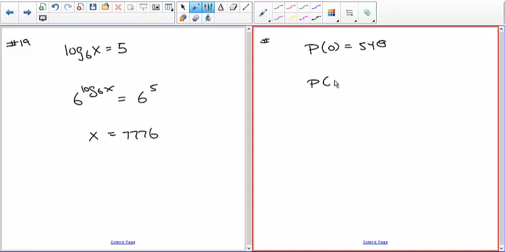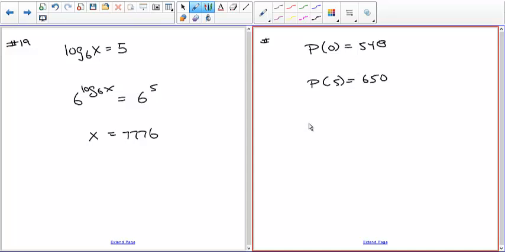P of 5 is 650,000. Okay, so you got to make sure you convert that. And again, one of these things you should be thinking about: would the population increase from 548 to 650,000 in 5 years? That kind of doesn't make sense. So then you should go back and read the problem and say, well, something's wrong here. Either you wrote the problem wrong or I'm interpreting it wrong.